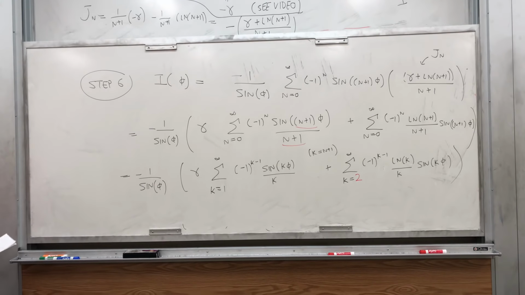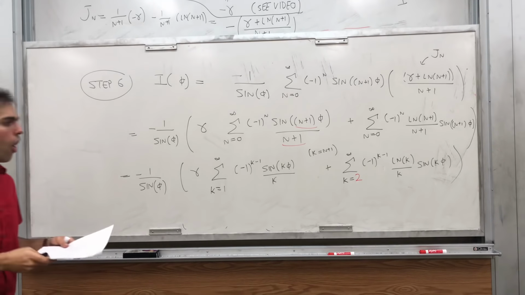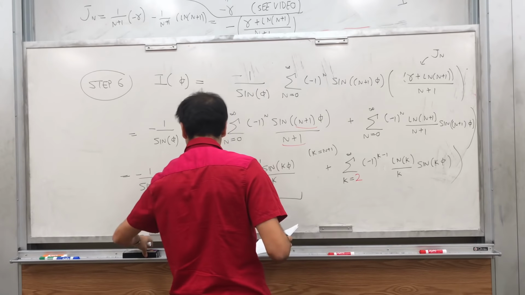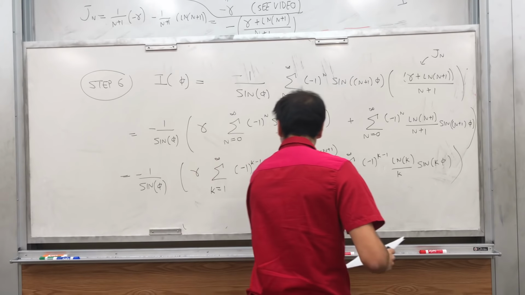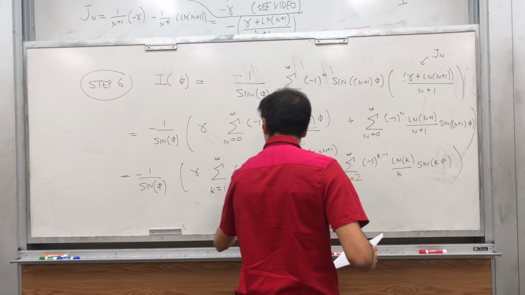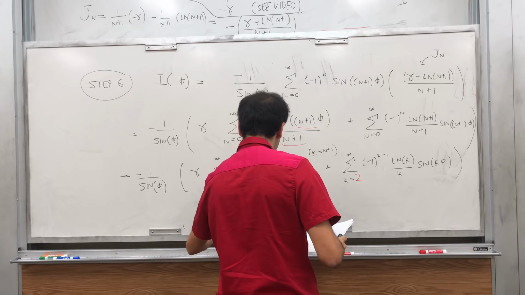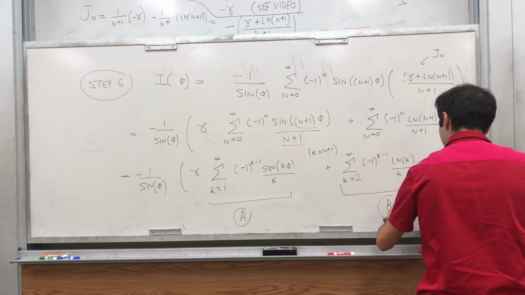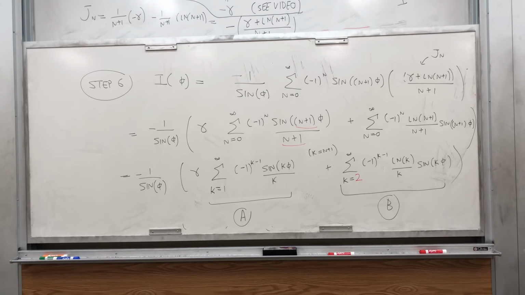So, in order to evaluate our integral, now all we need to do is evaluate those two sums, one of which I call A, and the other one I call B. And so step 7 will be the study of A, and step 8 will be the study of B. And then step 9 is putting it all together, and step 10 is our answer.